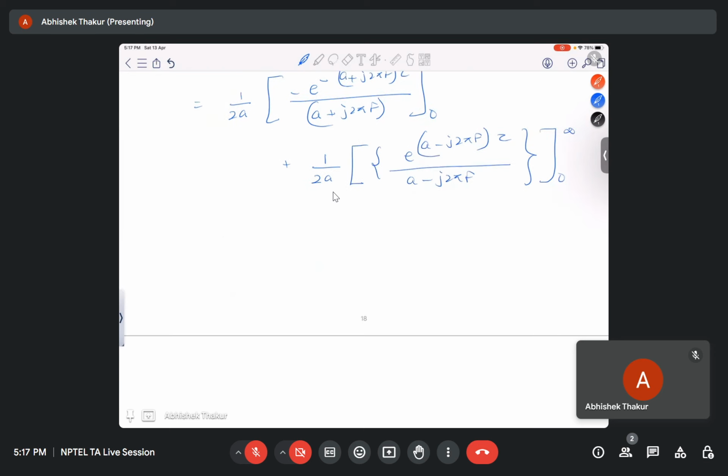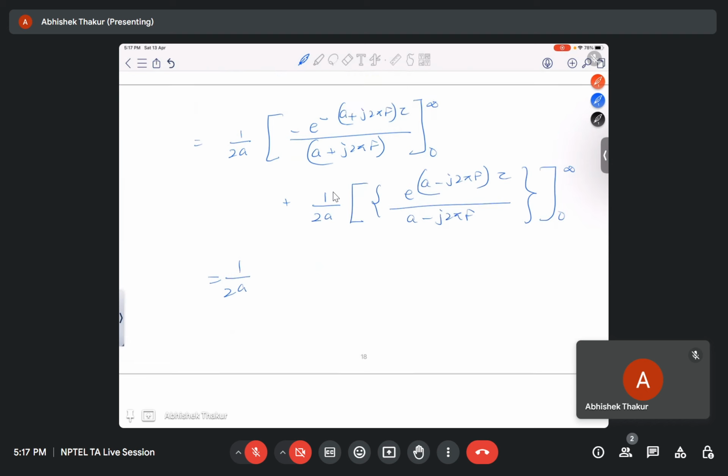So now after substituting all the values, 1 by 2a, when we substitute tau equal to infinity, this term will become 0. When we substitute 0, that will be plus 1 by a plus j 2 pi f plus 1 by a minus j 2 pi f.